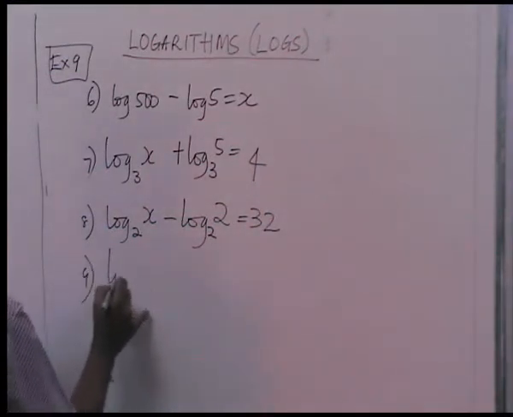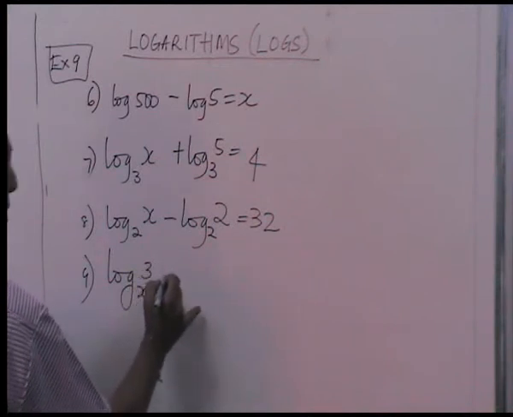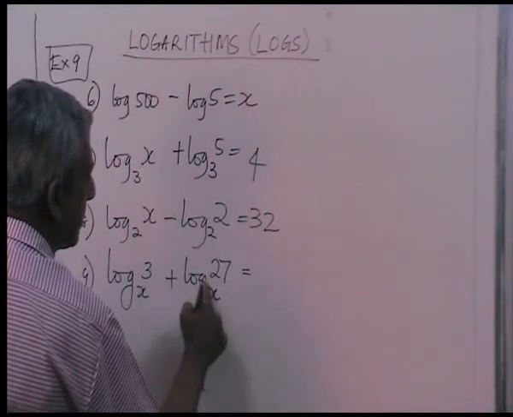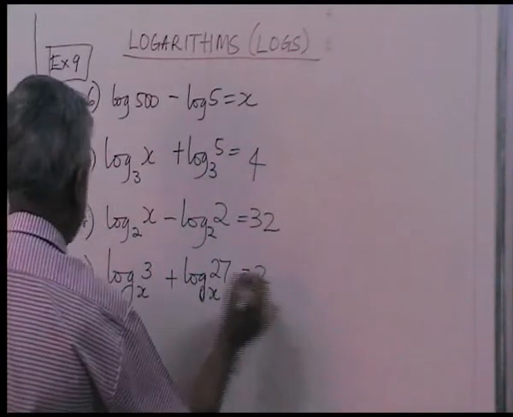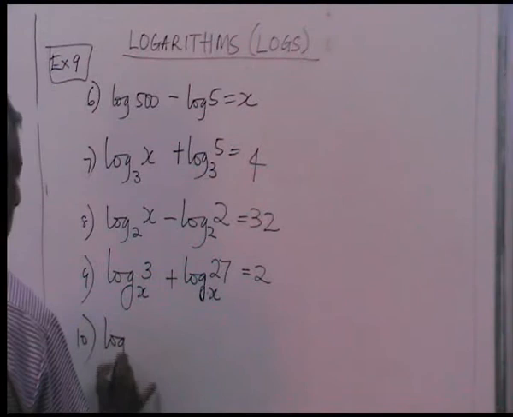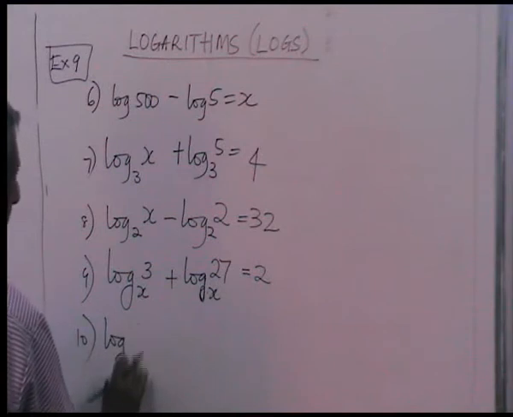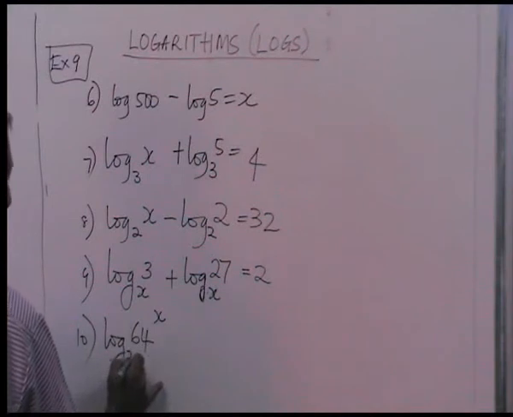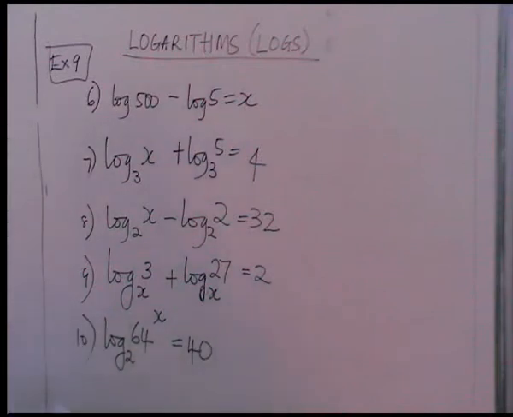Number 9, log of 3 to the base x plus log of 27 to the base x is equal to 2. And finally, number 10, log of 64 to the index x to the base 2 is equal to 40.